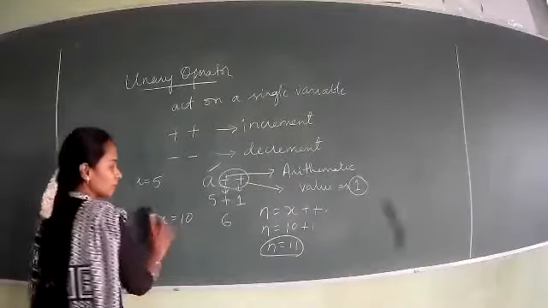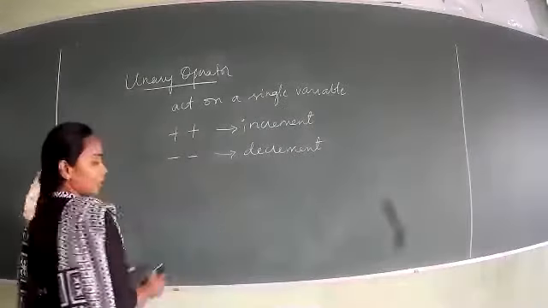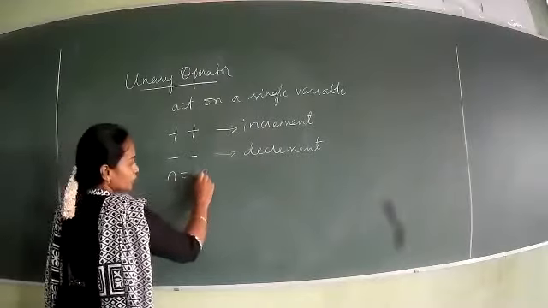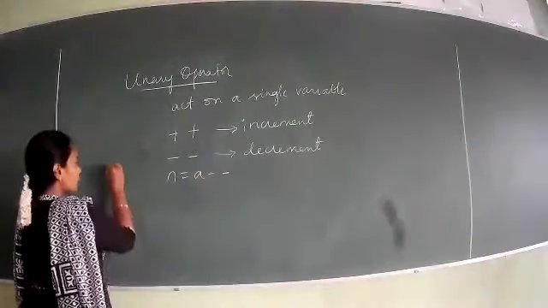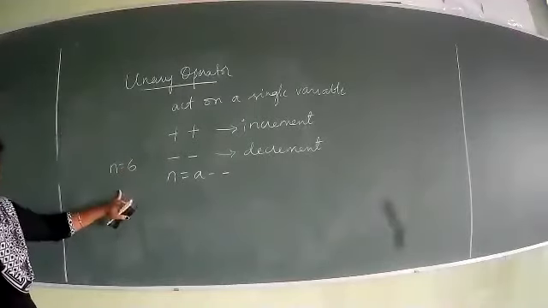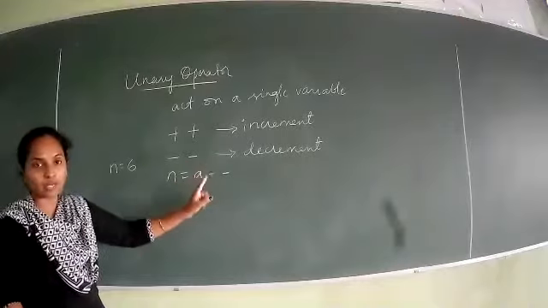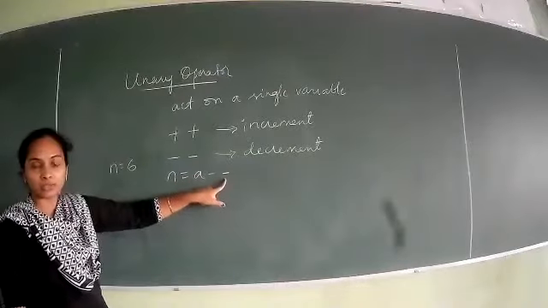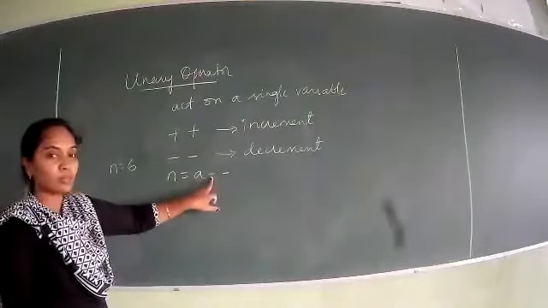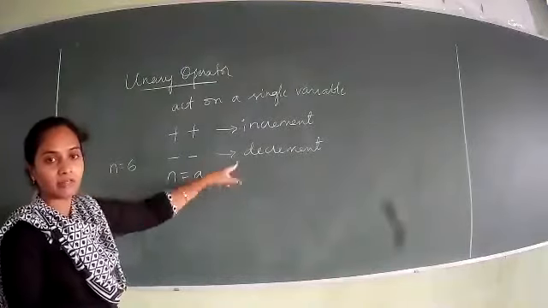The same thing, if you are taking a decrement operator, that is n is equal to a minus minus. Suppose the a value is 6. The same way, one minus symbol acts as the arithmetic operator, and one more minus symbol acts as the value of 1.